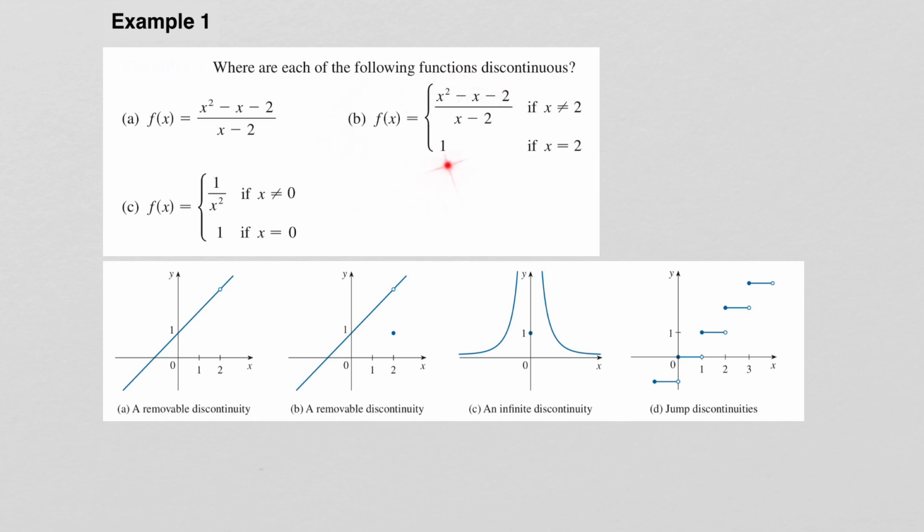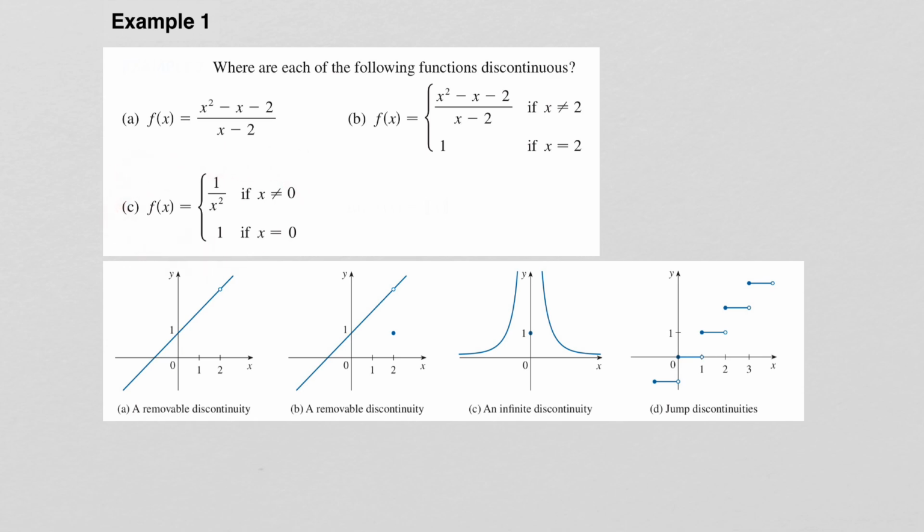The second function looks just like the first function, except that we have defined f of x to be 1 when x equals 2. So when x equals 2, we can see we have the point 1 here. However, it's still discontinuous at 2 because we have still removed a point from the graph. And so both of these are examples of what's called a removable discontinuity.